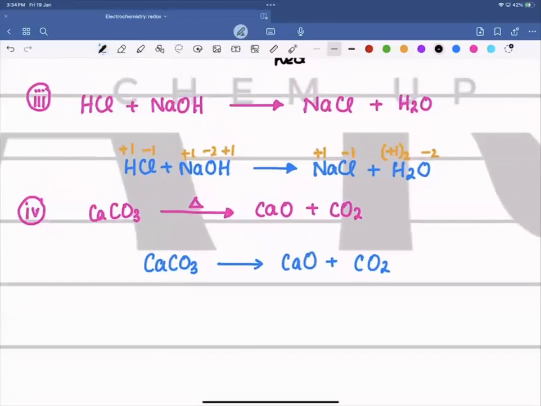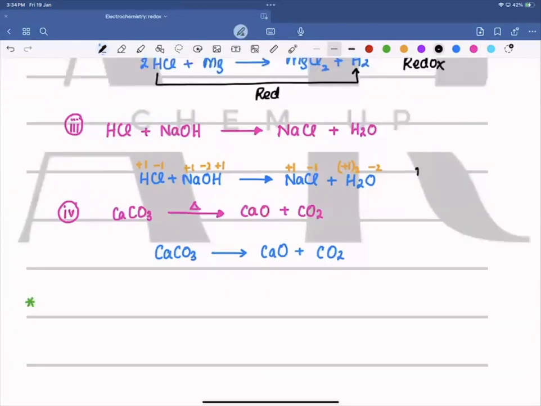No, sir. So it means that it's not a redox reaction. Is this understandable now? Yes, sir. Okay, now try the second equation.